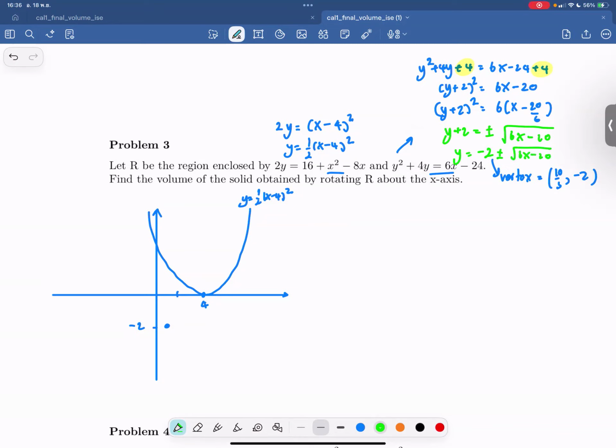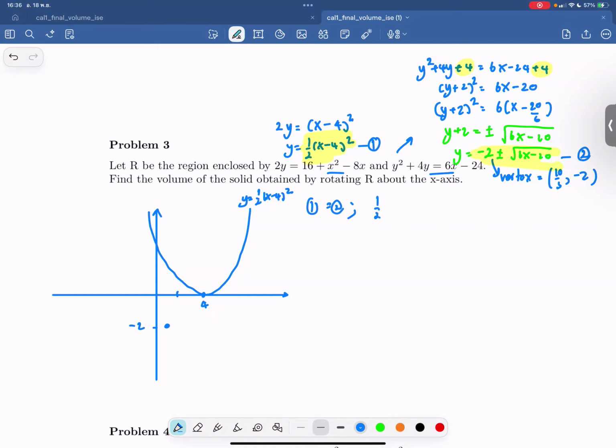Okay, so I will take this side of y and this side of y to be equal by solving this equation. This one should be the first equation, this one should be the second equation.